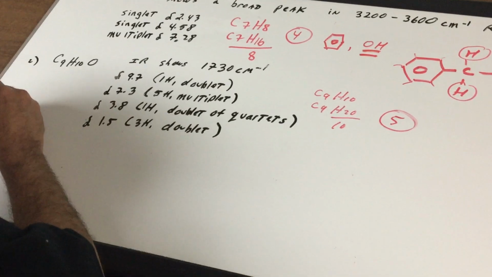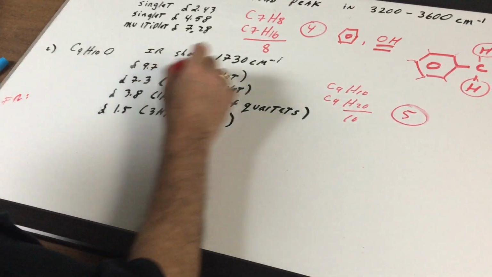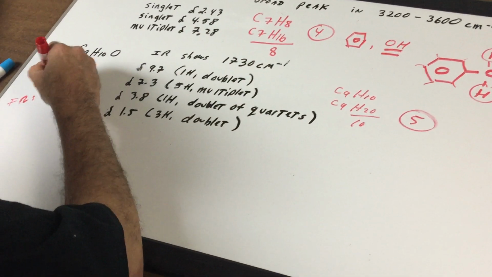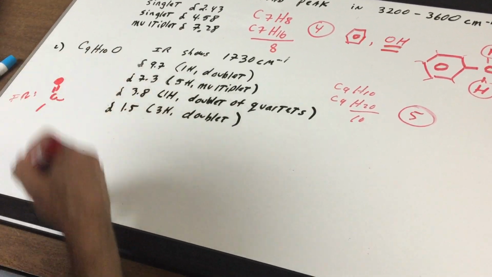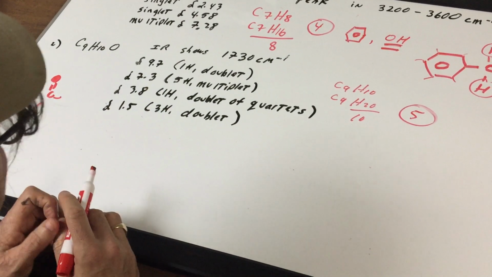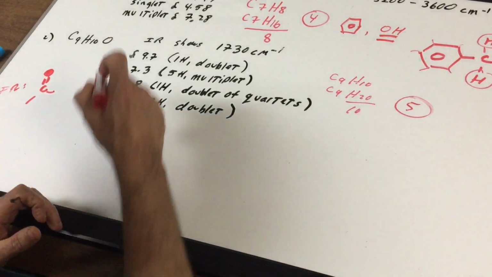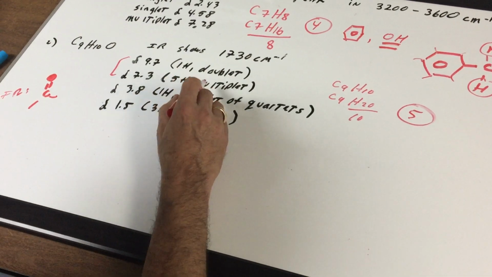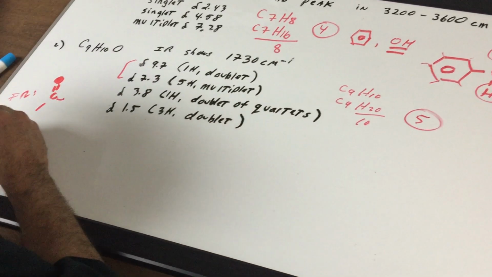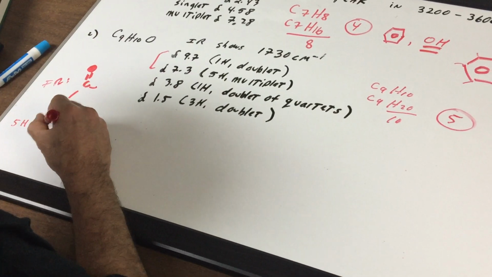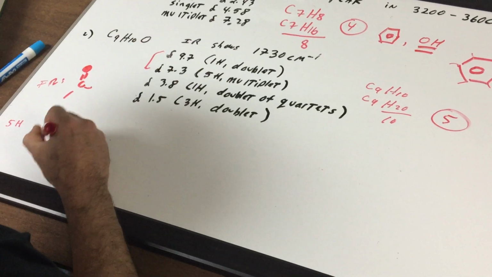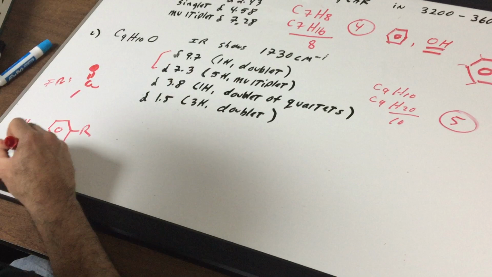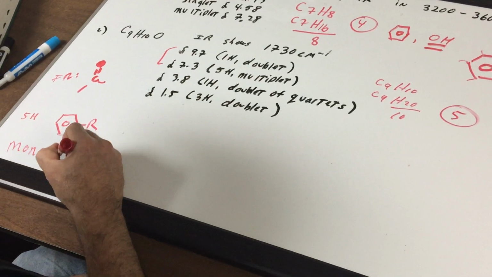First of all, what does the IR suggest? The minute you hear 1720, 1730, that always suggests a carbonyl group. So I believe that there is a carbonyl group present. Now, these are the most important signals. 5 H's multiplet, the minute I see 5 H's, I'm thinking of a benzene ring, and because there's 5 H's, it must be monosubstituted.